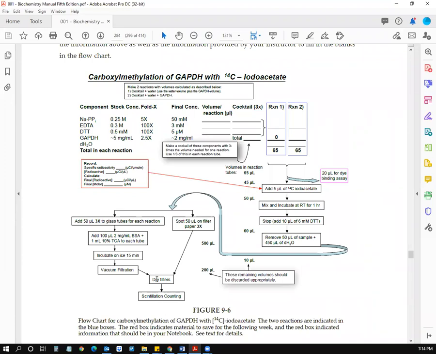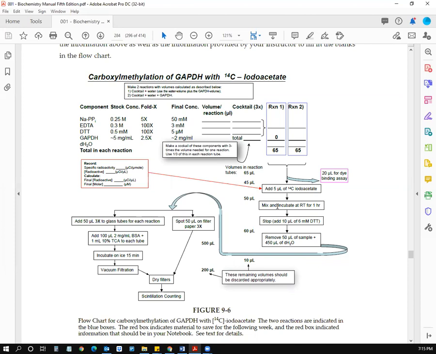So we basically have to go back and back calculate as much as we can to any of these squares down here, to where we pretty much have the total amount of radioactivity, and also that we can connect it to a total amount of GAPDH.